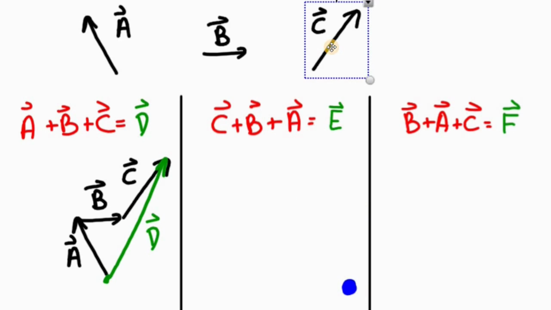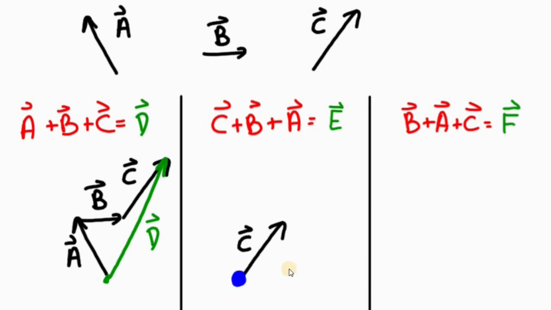All right, so let's move vector C. Our object starts off over here and moves up just like this. So that's instruction vector C. And now we're going to be looking at vector B. So now we're instructing it to move to the right, and our object moves to the right.